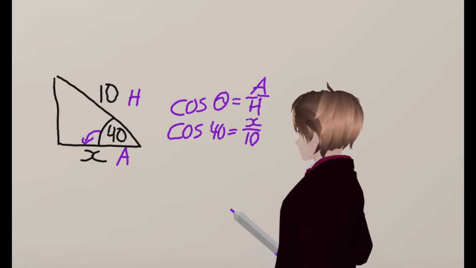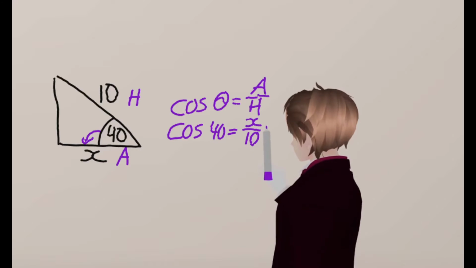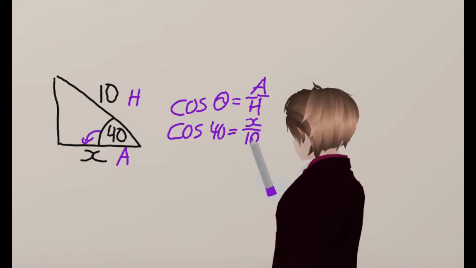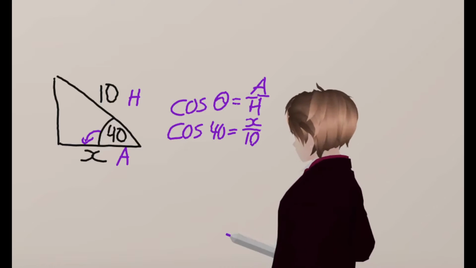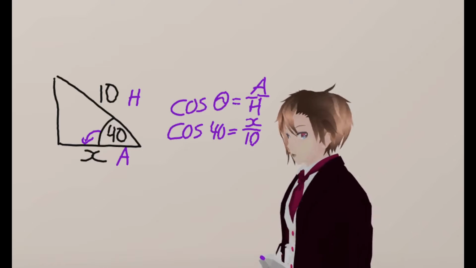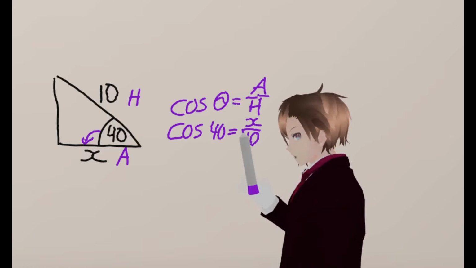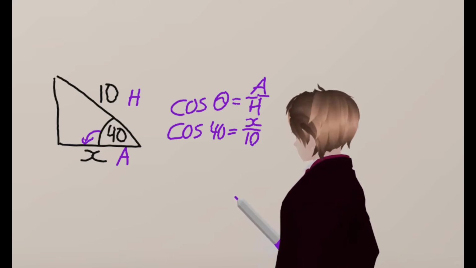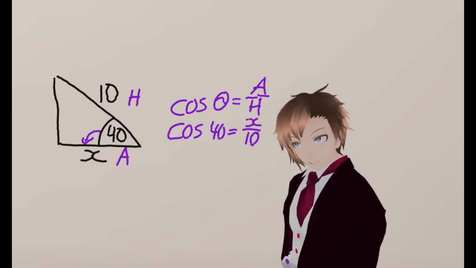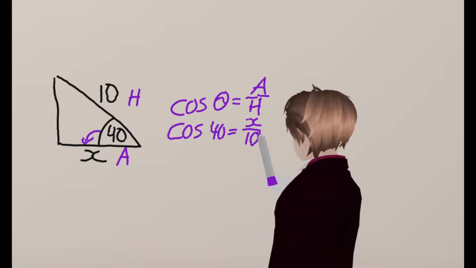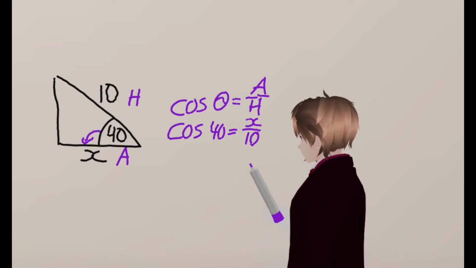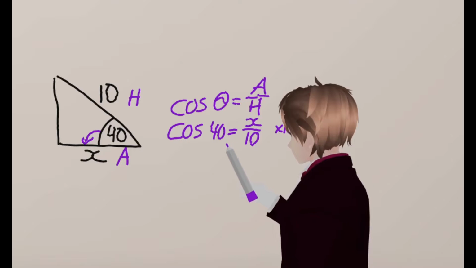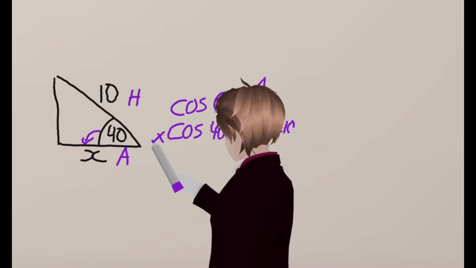But before we do that, we need to find what our x is going to be. Now x is stuck here. It's not by itself, so we don't know what x is. So we're going to have to rearrange this equation. X divided by 10. Well, to get rid of the 10, we need to do the opposite of dividing. So we're going to times this side by 10, and we're also going to times this side by 10.